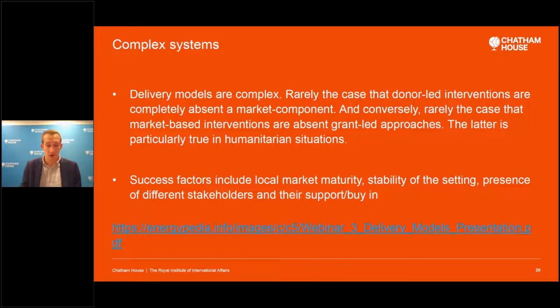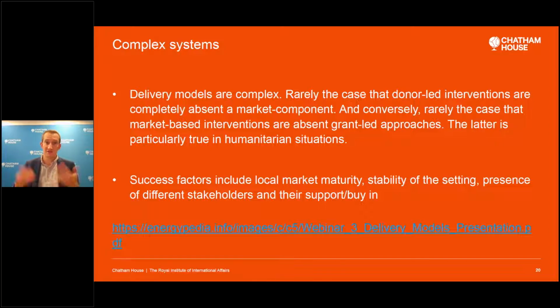Conversely, almost all of the projects that I've looked at that we think of as market-led have a strong element of granting. We're dealing with very vulnerable populations who have low amounts of cash and income. So these things are not as straightforward as a black and white comparison.